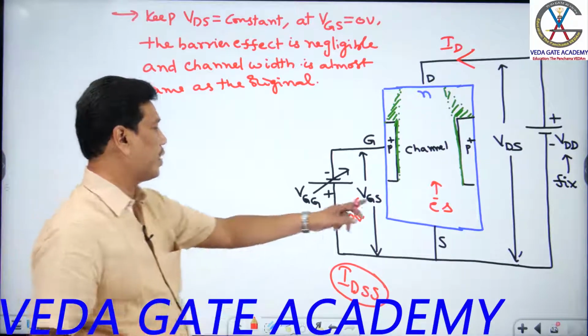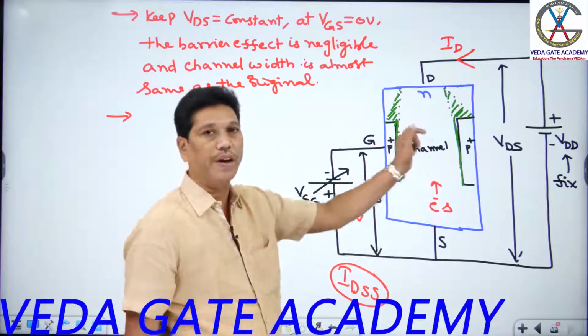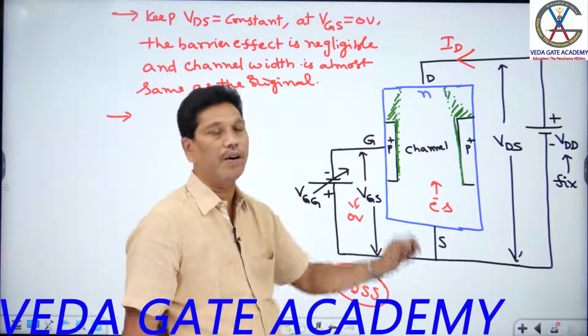So at VGS equal to 0, the channel is free, meaning the number of electrons drifting is a large quantity.